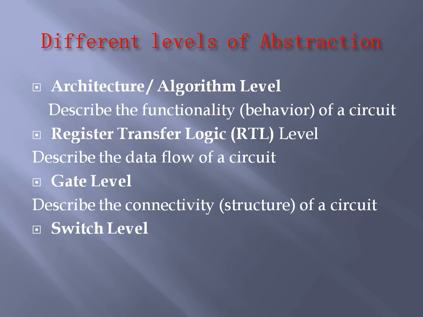So these are the different levels of abstraction, but basically the first three are the main ones: behavioral modeling, data flow modeling and structural modeling are the basic three levels of abstraction which are widely used. We sometimes also use mixed modeling, where behavioral and data flow models might be used together, or behavioral and structural models, or data flow and gate level models.